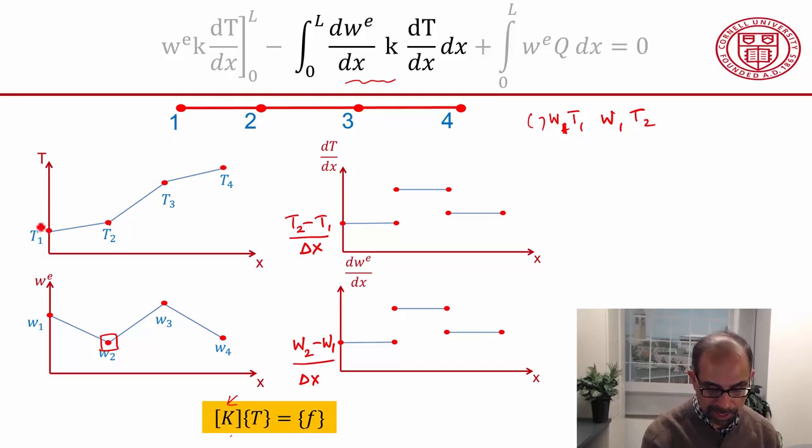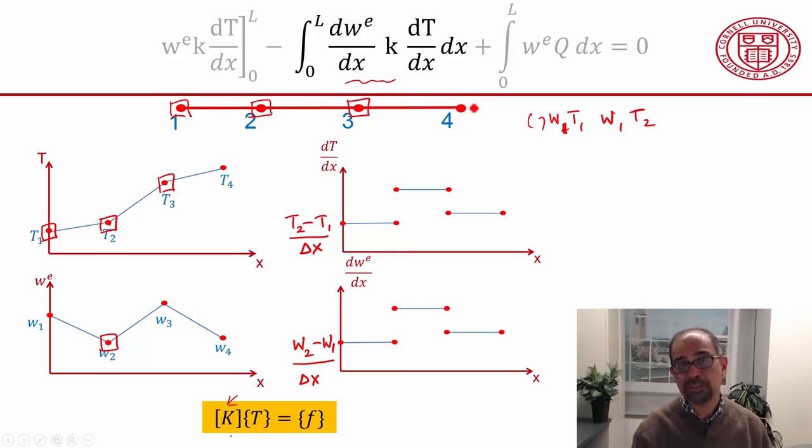W2 is multiplying T1, it's multiplying T2, that comes from the integral over the first element, and then W2 will multiply T2 in this integral, but it'll also multiply T3. Which means that when I collect terms, the algebraic equation at this node will involve the temperature value here, and here, and here. It won't involve the temperature value here.